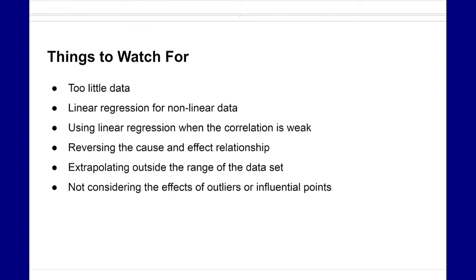Are we reversing the cause and effect relationship? Are we mixing them up? Are we extrapolating or making predictions outside the range of our data set? And are we not considering the effects of outliers or influential points? These are all things to look at when we are analyzing data. So we want to be careful with that.